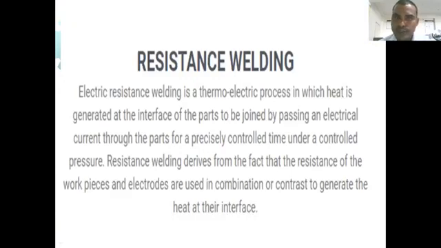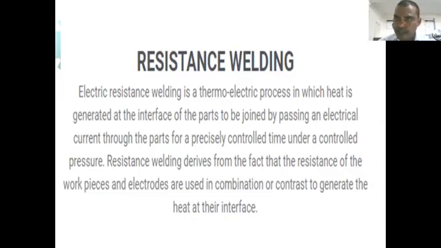Resistance welding, also known as electric resistance welding, is a thermoelectric process in which heat is generated at the interface of the parts to be joined by passing an electrical current through the parts for a precisely controlled time under a controlled pressure.